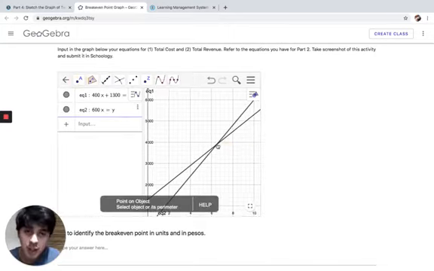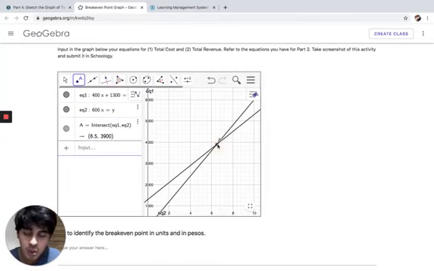If we get the point of intersection, they can determine that they reach break-even point by selling 6.5 cheesecakes per day, or in peso, 3,900 pesos is the break-even point.